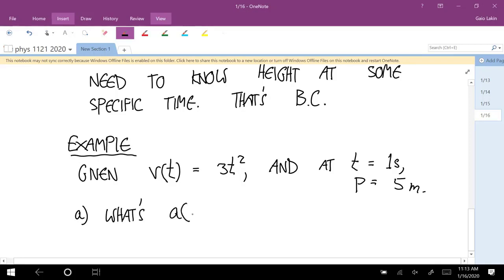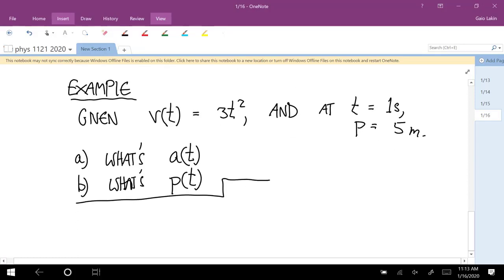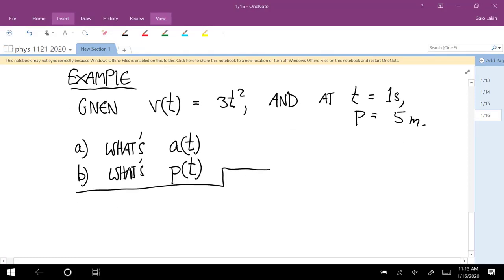What's the acceleration as a function of time? And what's the position as a function of time? Well, the one where you don't need any additional information, just knowing the function is enough, is going in the direction of velocity to acceleration.